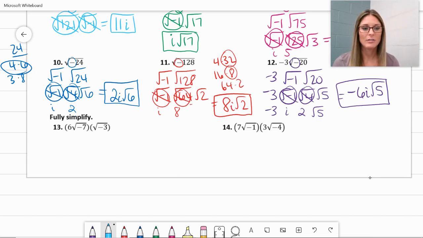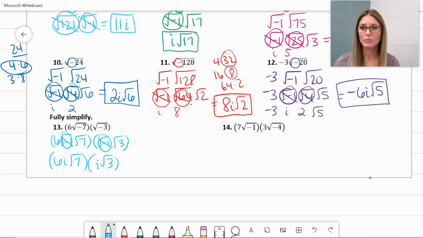The first factor, obviously there's nothing I can do about a 6, but let's change this to a -1 and a 7. And same on the second one, change it to a -1 and a 3. Okay, so we'll have a 6. This becomes my i and a radical 7. Square root of a -1 is another i and a radical 3.